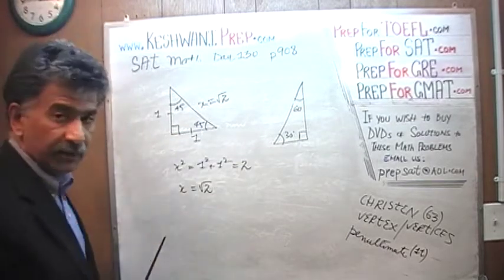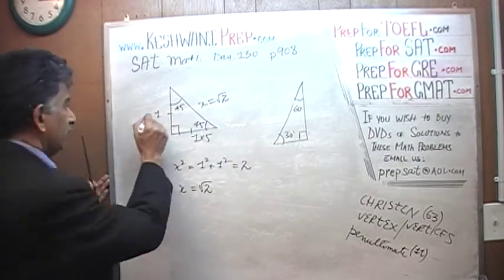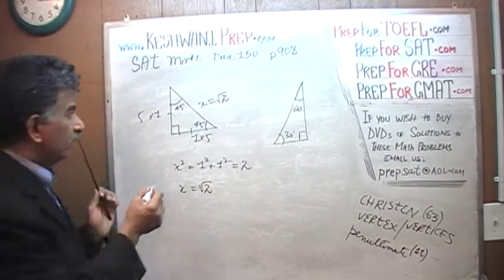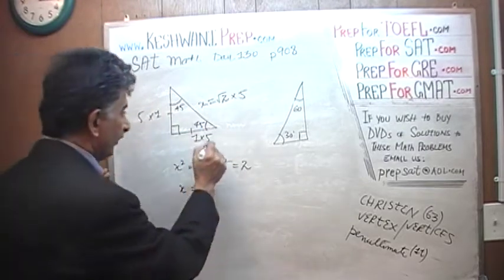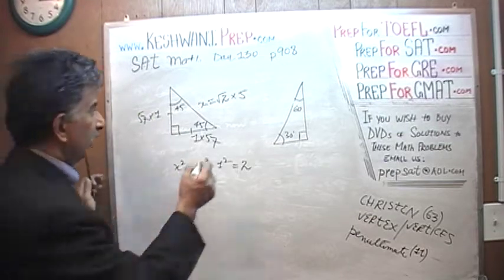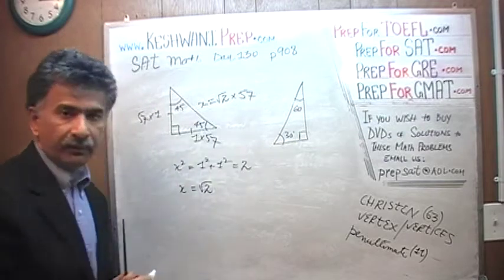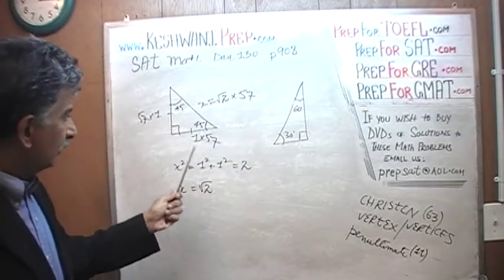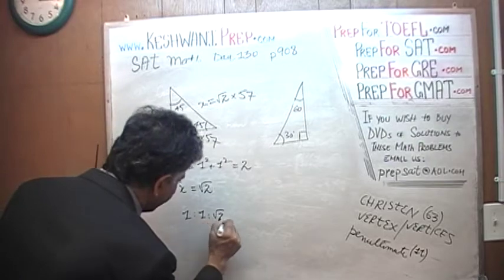For example, if this side happens to be 5 times as much, this side is going to be 5 times as much, and so is this side. If this side happens to be 57 times as much, then this side is going to be 57 times as much, and this side, instead of being root 2, is going to be root 2 times 57. So they are in the ratio of 1 to 1 to root 2.